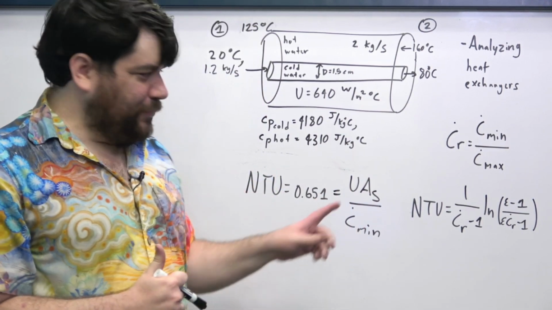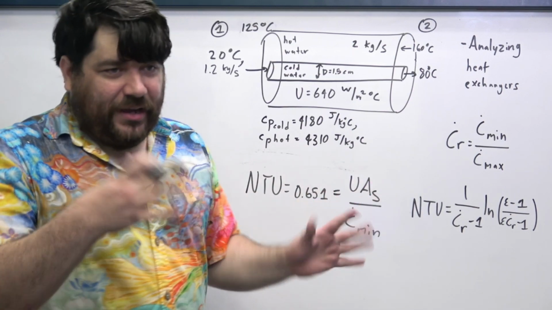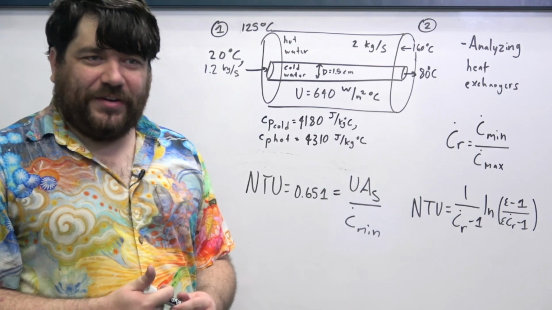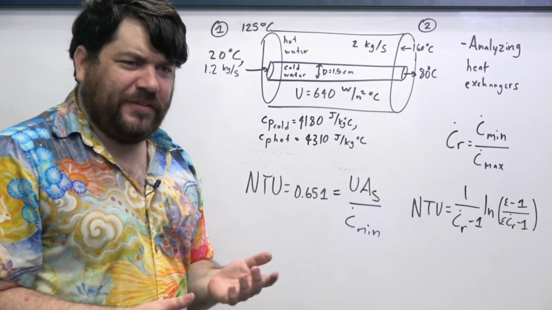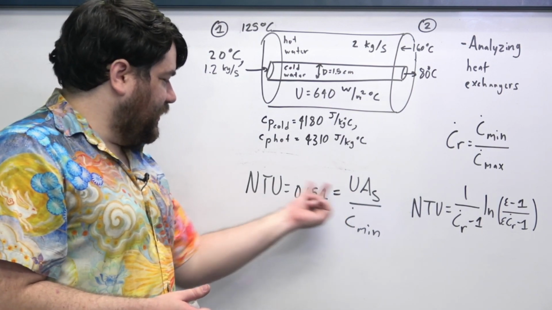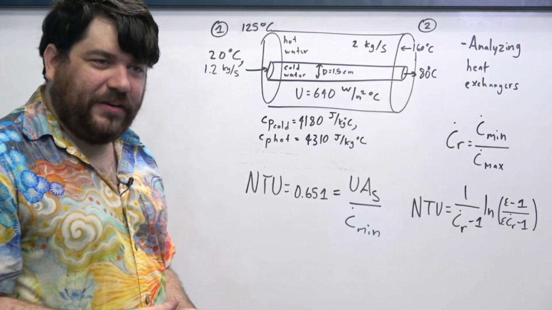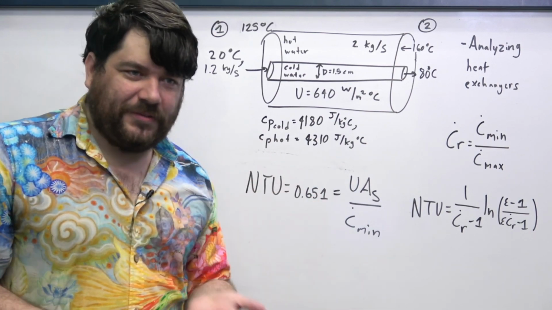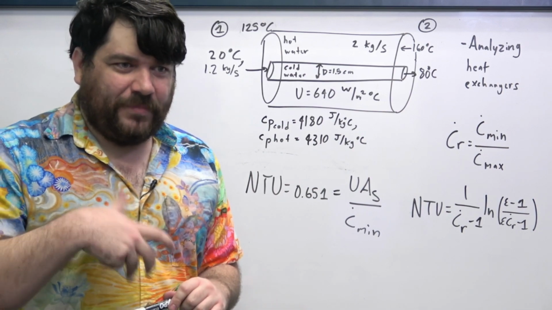We know NTU, we know U, we know this minimum rate, and hypothetically speaking, we wouldn't know what the surface area is. So that's what we'd use. And so what would happen, simply enough, is that we just plug this in, plug this in, plug this in, calculate that surface area, and then calculate the length from the surface area using exactly the same process that we did previously.